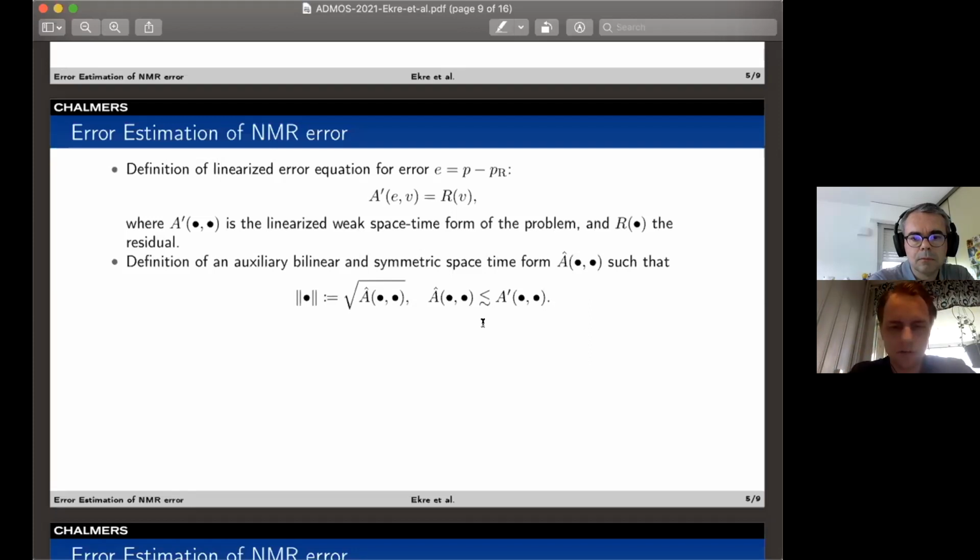The difference now is that inside these forms we have this nonlinearity with the permeability. To obtain this auxiliary form A hat, we ignore that, or we consider just the linear case. It turns out that this approximate bound is actually a strict bound if the pressure goes to 0, and then we recover the linear case again.